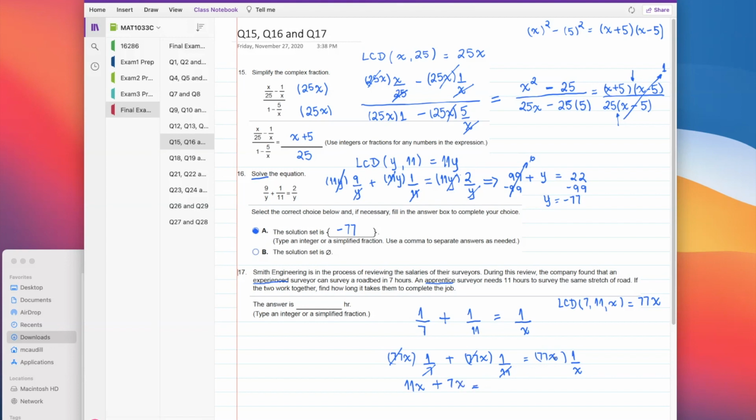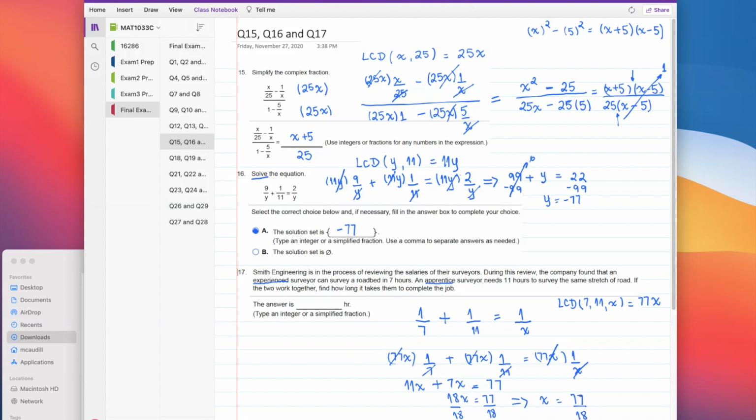And here, this x simplifies with this x and makes 1, and then I have a 77. 11x plus 7x is 18x. 18x equals 77. I divide by 18 on both sides. Then I get that x is 77 over 18.